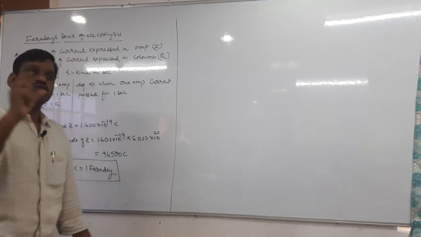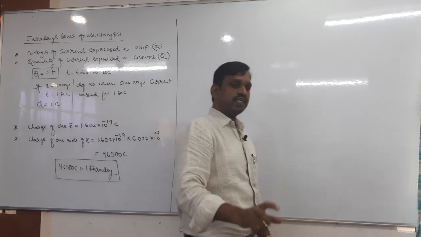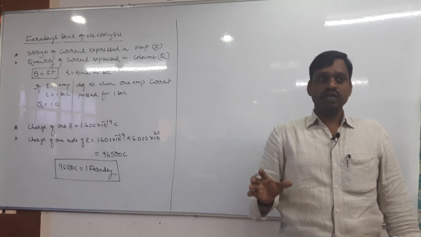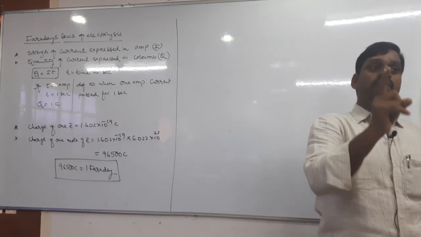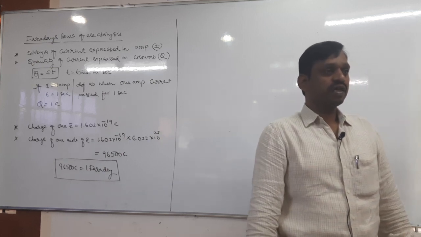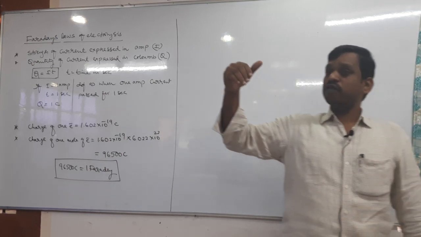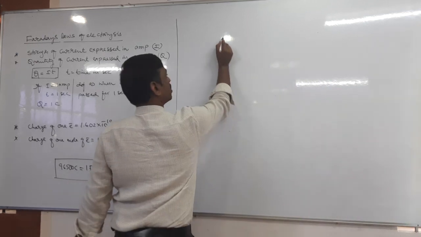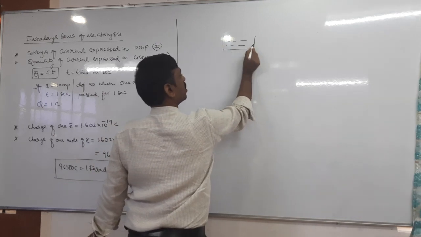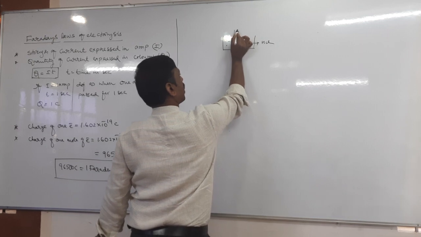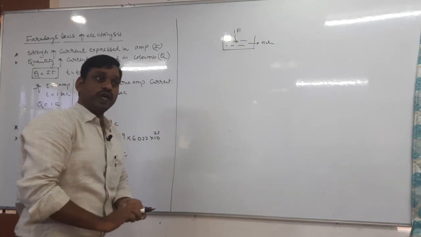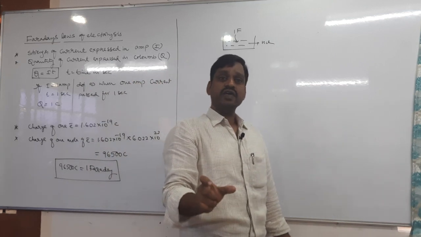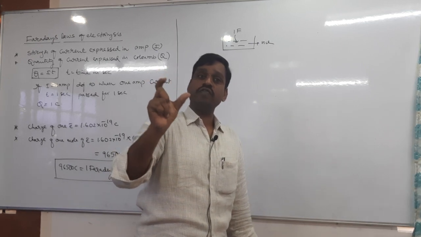Then what is its importance? When 1 Faraday of electric current is passed through any electrolytic solution, it deposits or liberates 1 gram equivalent weight of a substance. Suppose 1 Faraday is passed through hydrochloric acid, HCl.